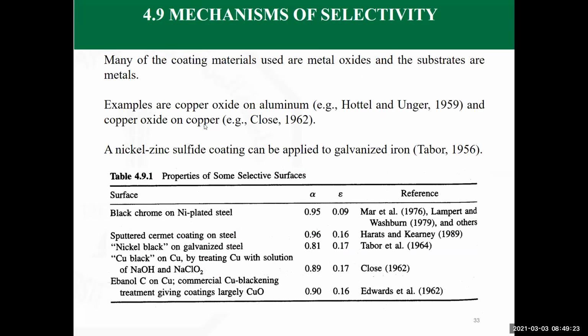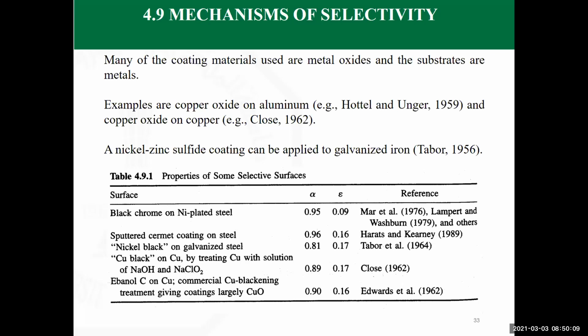Using copper oxide coating on copper, this one I can anticipate has so much of the share in the market, because normally we prefer to use copper tubes in the solar collectors as long as you are heating water or heating ethylene glycol solution, for example, because copper has a high thermal conductivity, which means that the energy that is held by the selective surface, by the plate of the solar collector, can be transmitted by conduction. Conductivity is high for the copper, and then by convection from the copper to the fluid inside.